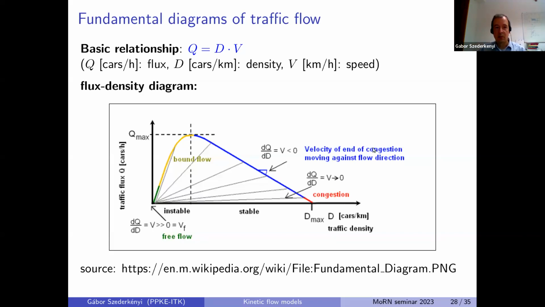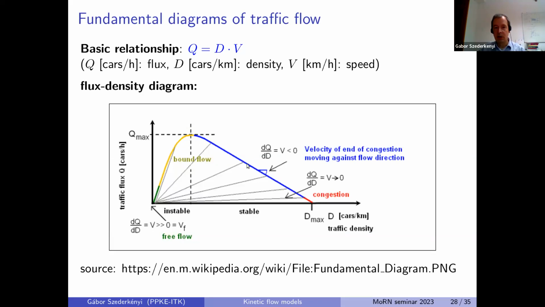So this is the so-called fundamental diagram of traffic flow. The basic relationship is that the flux is equal to the product of density and speed. And you can see here that we have some optimal flux which maximizes the number of vehicles per unit time.